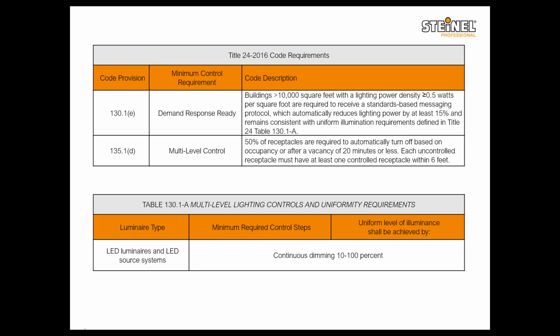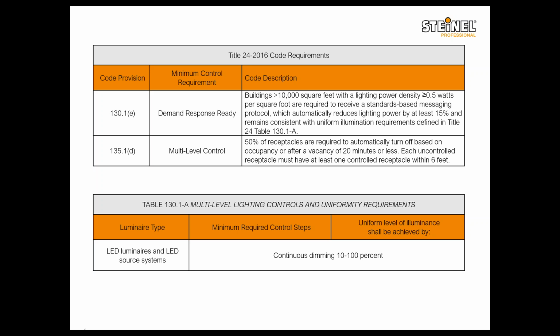We'll go into detail later about that. And the last item on our code requirement checklist is receptacle control. 50% of receptacles are required to automatically turn off based on occupancy or after a vacancy of 20 minutes or less.